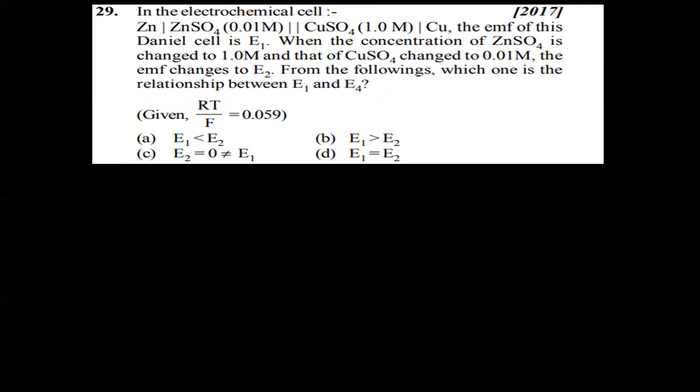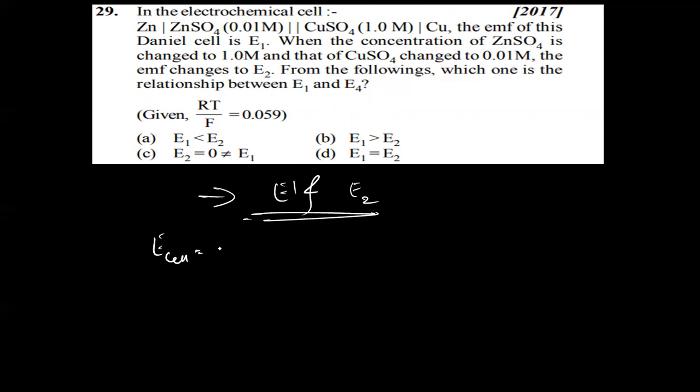From the following, which one is the relationship between E1 and E2? In the question it is printed as E1 and E4, instead of E1 and E2. Okay, no problem. For the cell, they have given the representation of the cell.